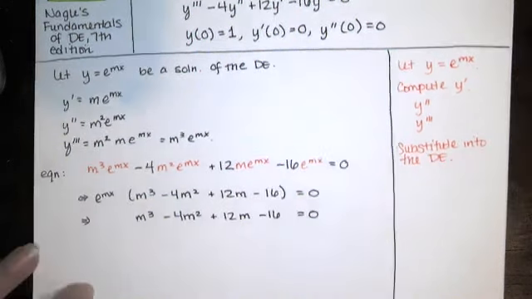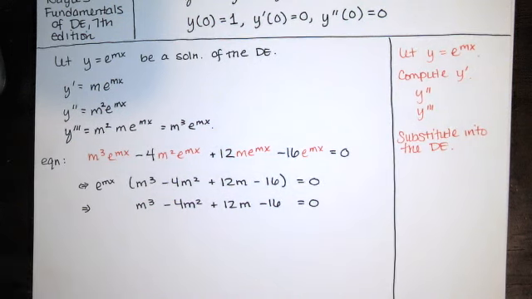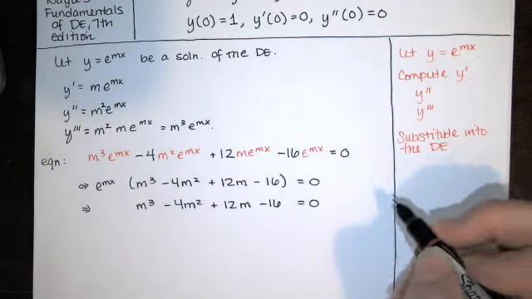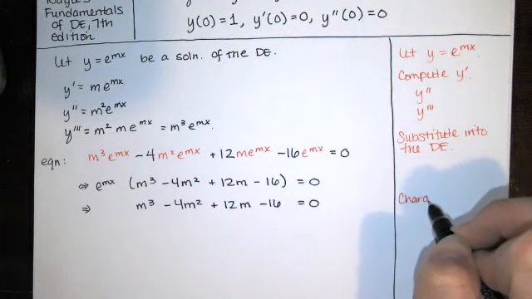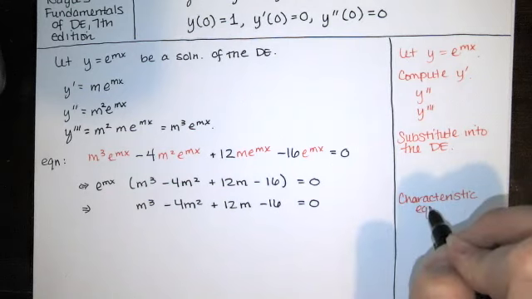Okay, now with something like this, if it's possible to factor, we should always factor. If it's not possible to factor, we can always use possible rational roots. This is called the characteristic equation of the differential equation. We want to factor the characteristic equation now so that we can solve it.